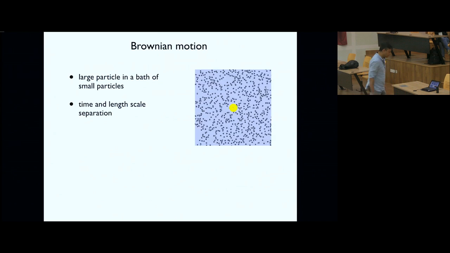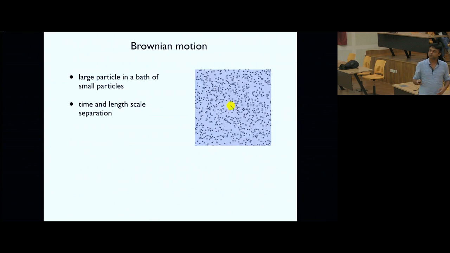Okay, so before I get into my system, to set up the language, we'll be looking at Brownian motion. Brownian motion means that I have a larger particle sitting in a bath of smaller particles, and there is a length and time scale separation between the large particle motion and the small particles.